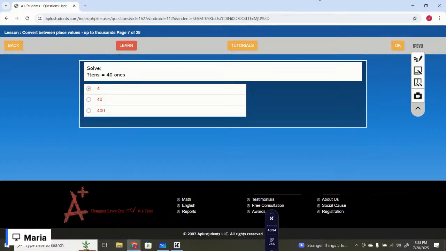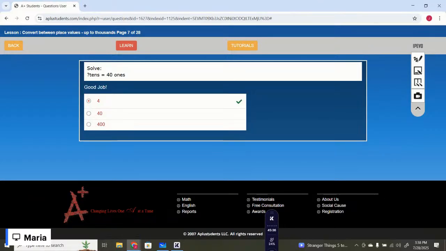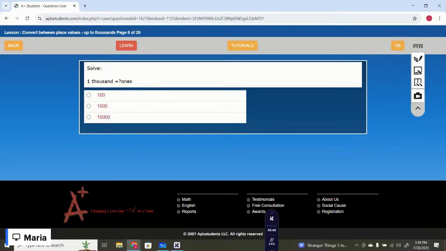Forty is equal to 4 tens. Option number 1 is the correct option. 1000 equals how many ones? 1000 equals 1000 ones. The correct option is 1000.